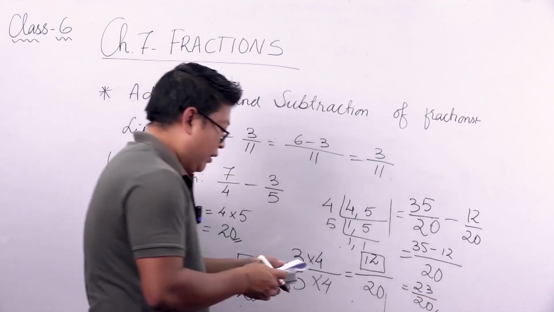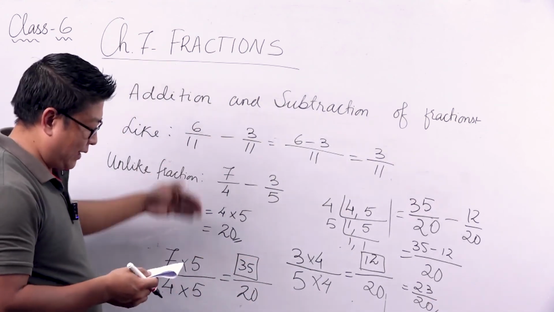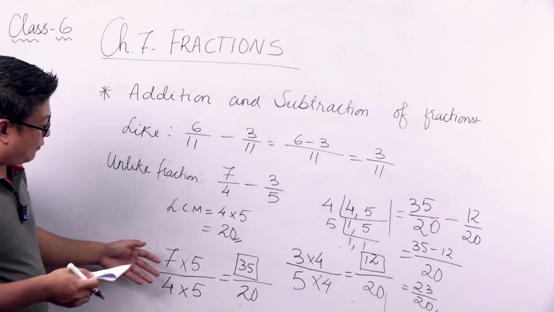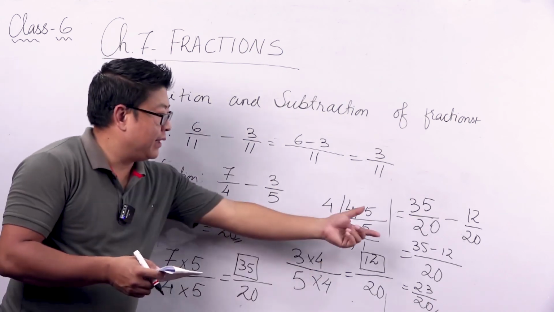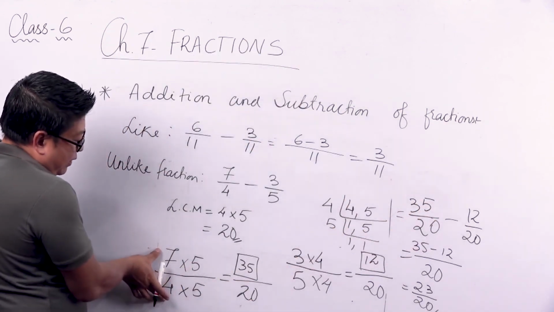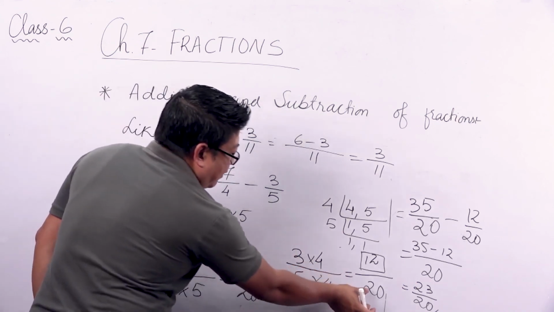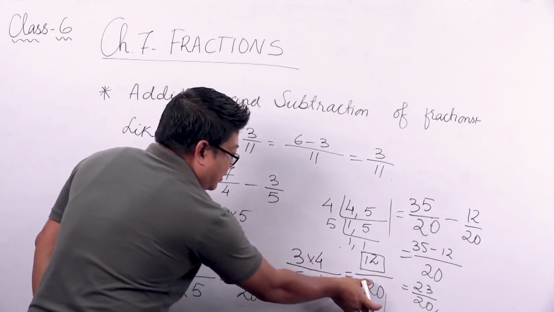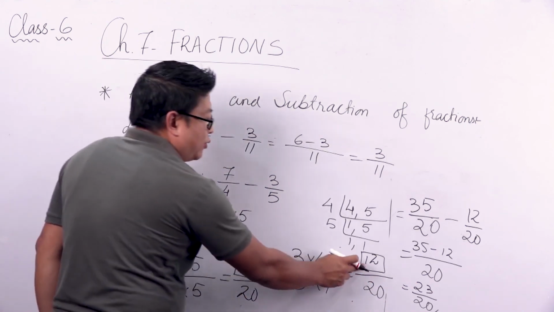All right. So comparing unlike fractions can also be done in the same way. We simply have to make the denominator same and then compare. For example, we have made the denominator same for 7 by 4 and 3 by 5. Both of them are 20. Now, since both have denominator 20, we compare 35 and 12.